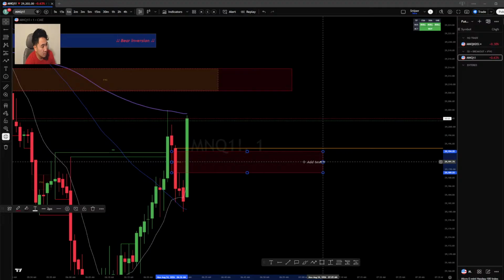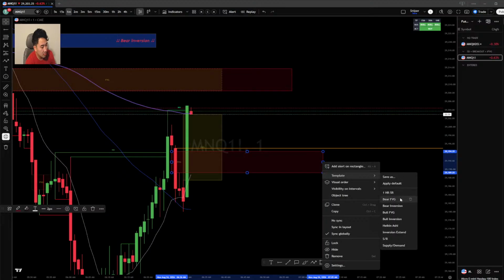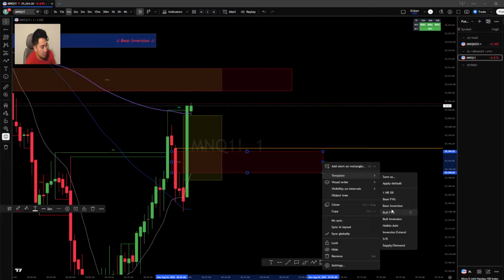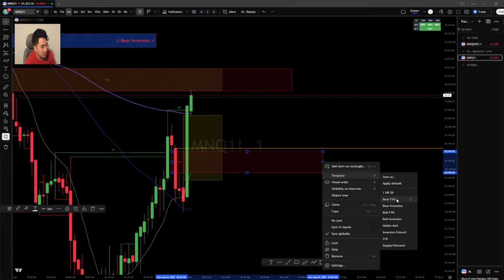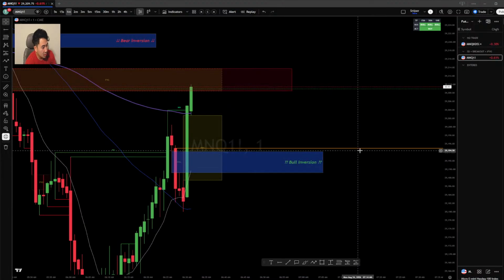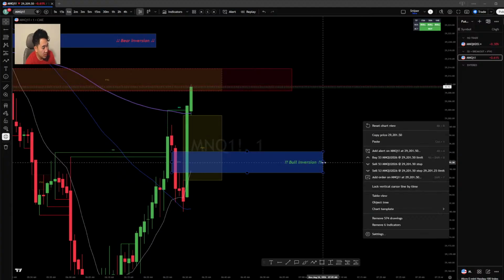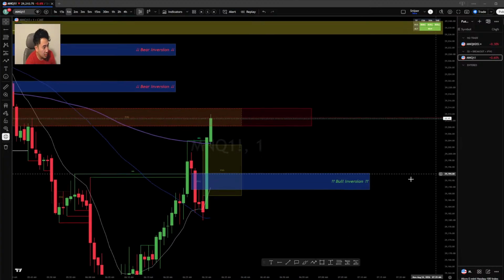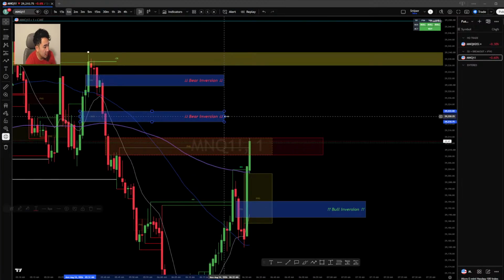All right, so this would be a good bullish inversion zone to trade off of. See if price could come back down, respect it, and then we'll look for an entry to go to the upside.